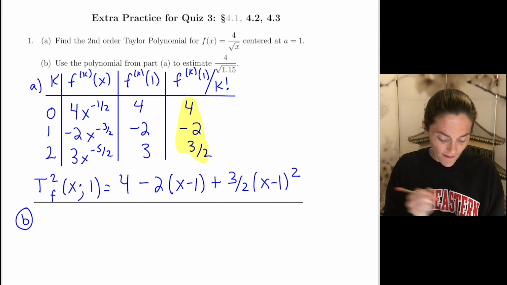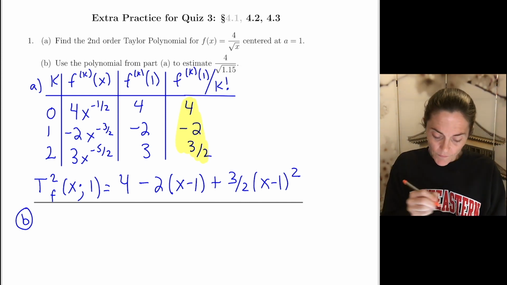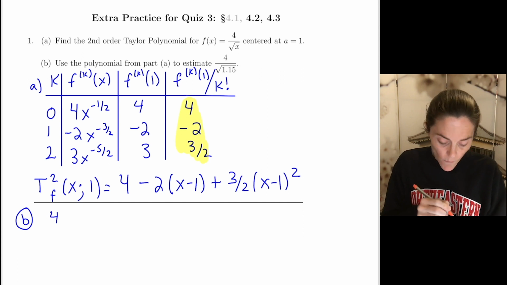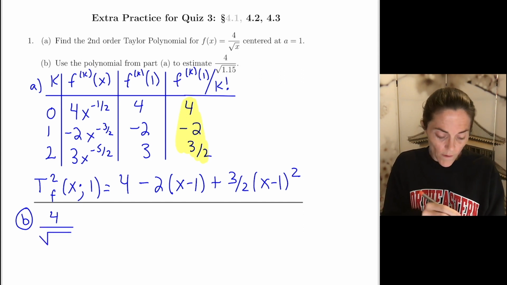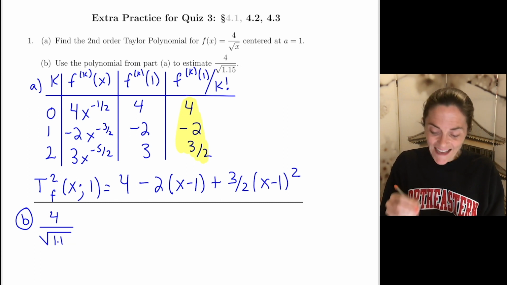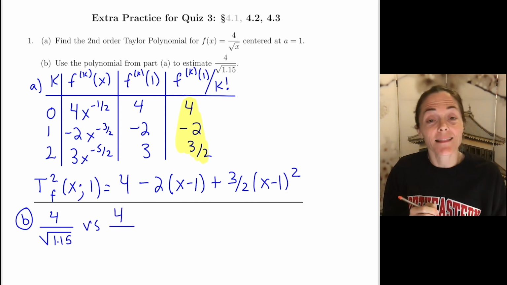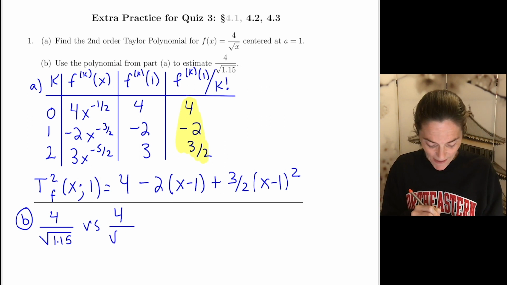Part B, we use this to estimate this function evaluated at 1.15. Now, typically, this one's not too bad. But typically, I will line up what I'm trying to estimate as compared to the original function to get the right x value. So we compare here.